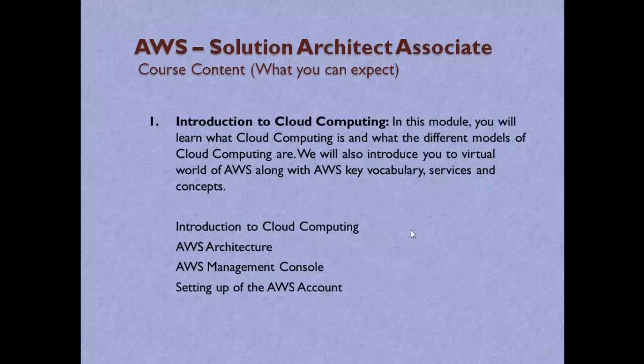After that, many virtual servers became available, and after that we are moving to cloud computing, where we do not have to manage any hardware at all. We also cover AWS architecture, the regions where AWS provides its services, how to log in to the AWS Management Console and how to set up an account. This is a very important part of this course.